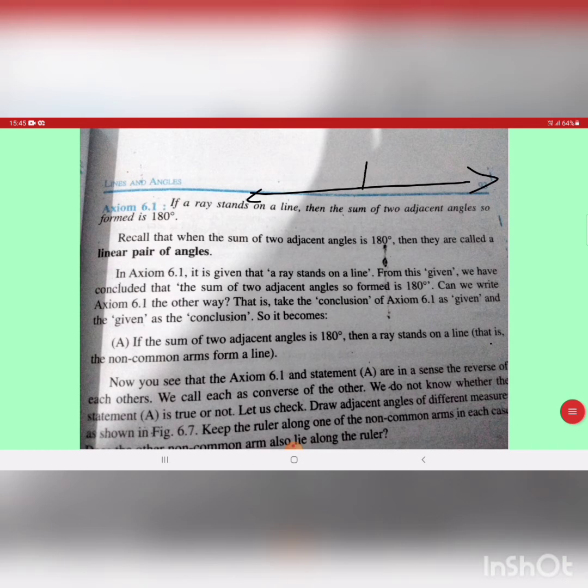So we can draw one ray on this line. You can name it A, B, and the ray be OP. Then the sum of the two adjacent angles so formed is 180 degrees. Which are the adjacent angles? Angle POA and angle POB. Then their sum will be 180 degrees.